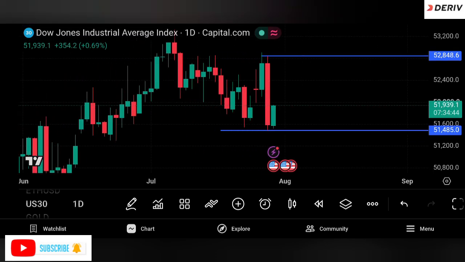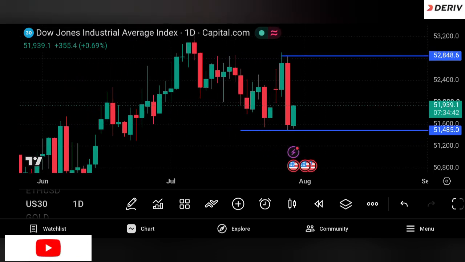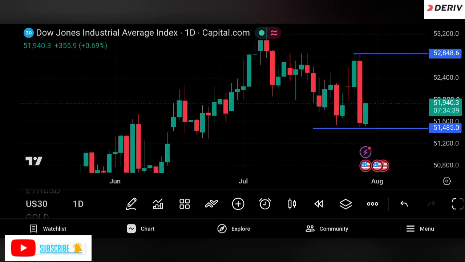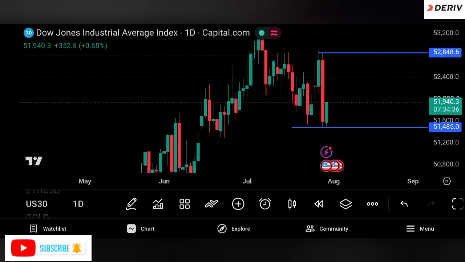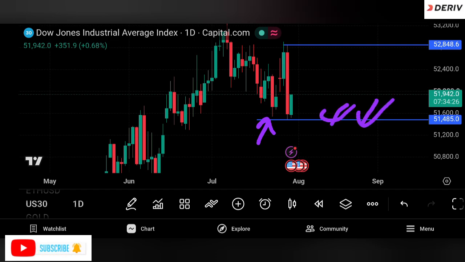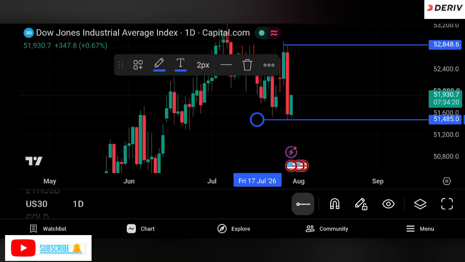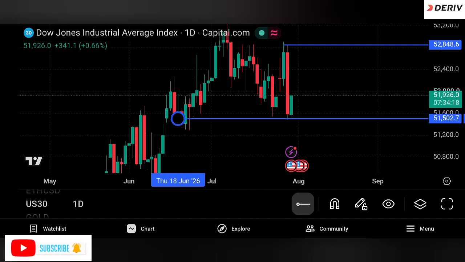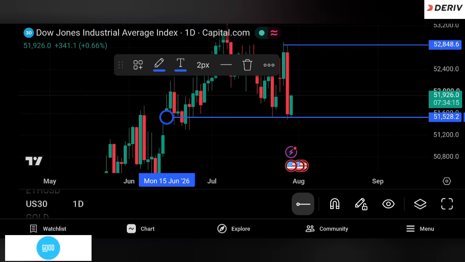Okay, because they act as resistance and support. And you can see that even here there was a rejection around this area that I've just indicated. Okay, even if I just do it like this, maybe you'll see clearly what I'm talking about.